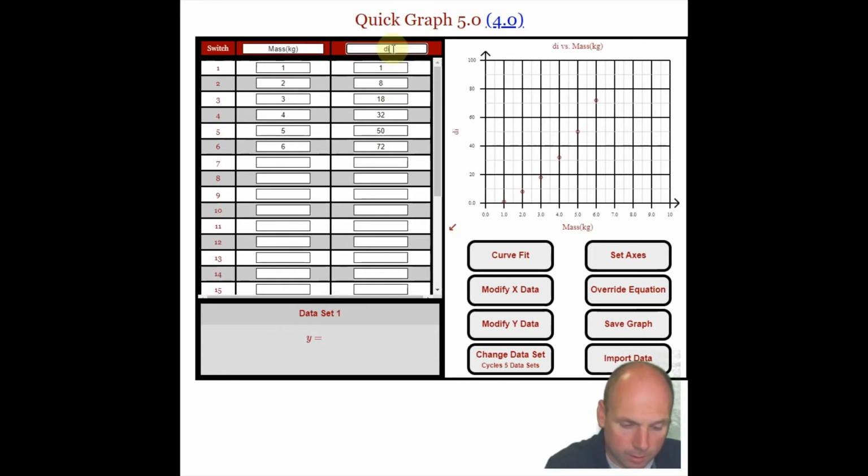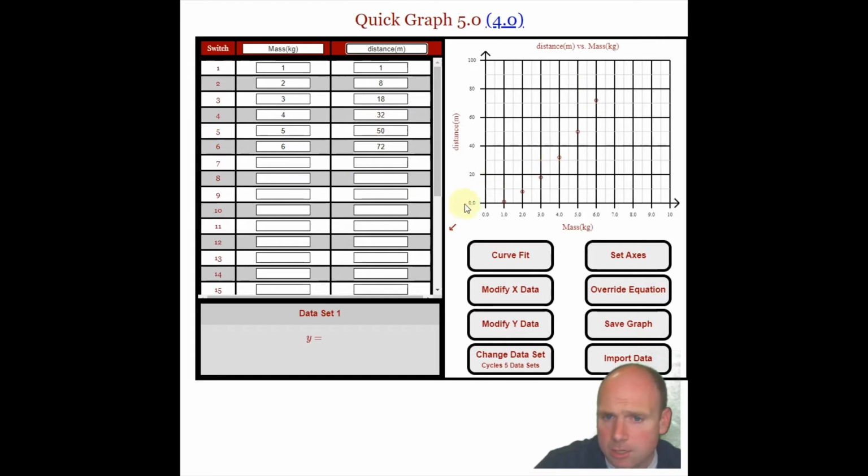And this will be distance in meters. Now, I like to put these here because it makes my graph look good. And I need a good graph to answer and finish my explanation on my lab report, which I'm going to show you in just a second.